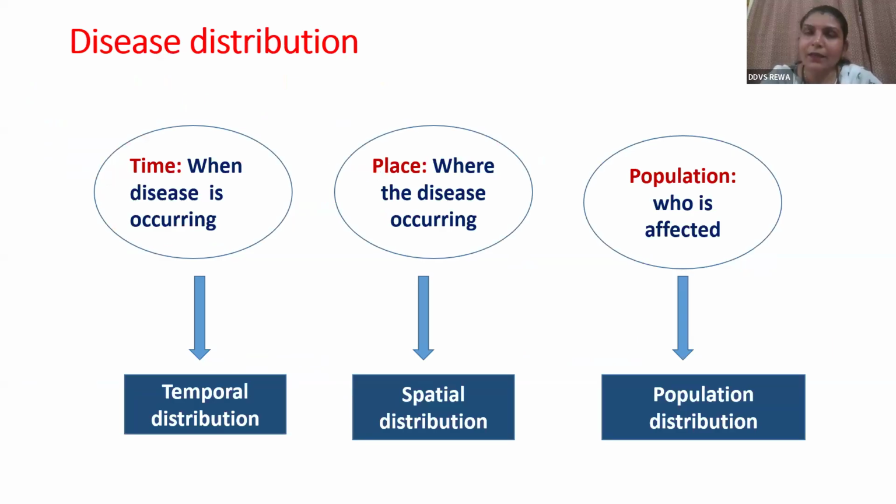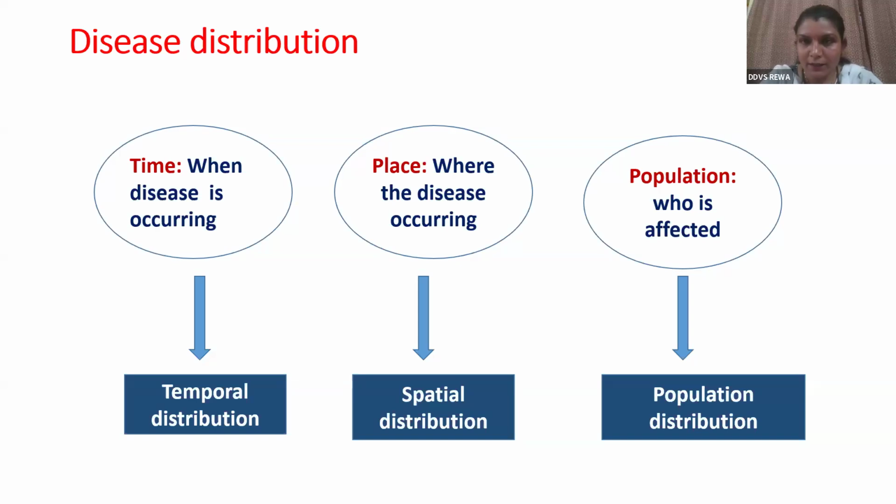In disease occurrence, three factors play an important role. These are time, place, and population. Time states when the disease is going to occur, and different circumstances and environmental conditions affect the disease distribution according to time, and that is known as temporal distribution.